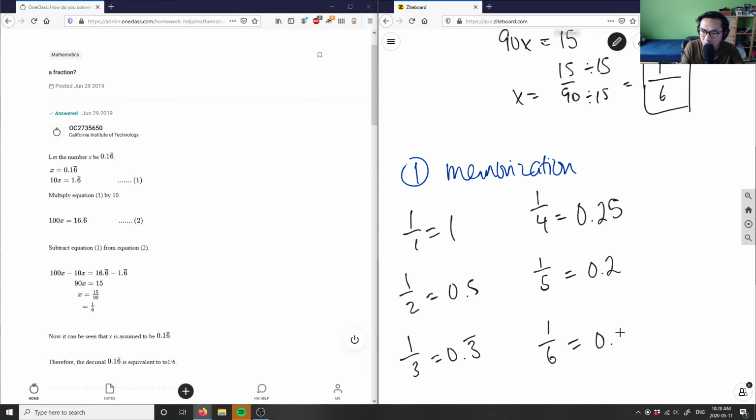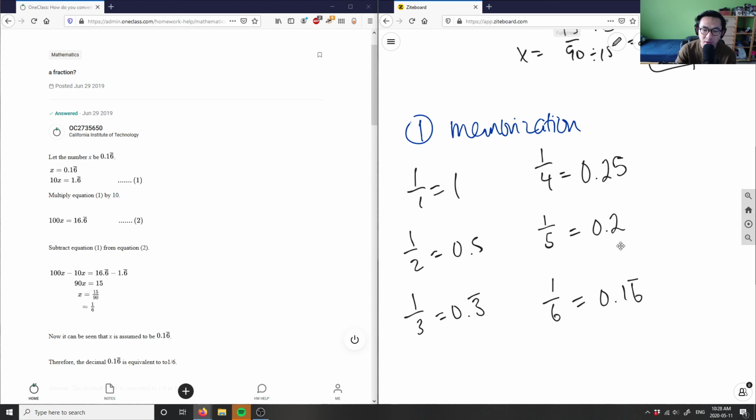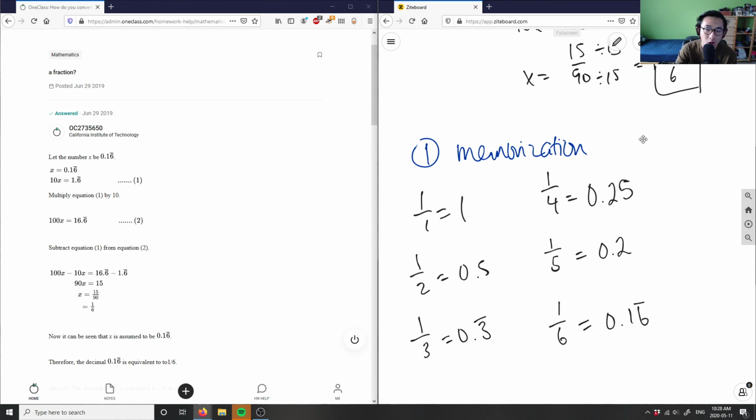And as you can see, there's a relationship to this step. I'm going from 1 to a half to 1/3 to 1/4 to 1/5 to 1/6, and if you look at the decimals, they're going down: 1, 0.5, 0.3, 0.25, 0.2, 0.16 for 1/6. And these are decimals I would highly urge you to memorize, just because they're very, very common.